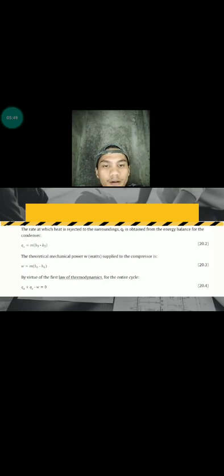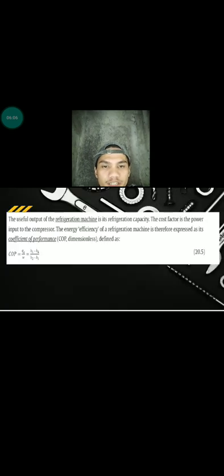By virtue of the first law of thermodynamics, for the entire cycle, QE plus QC minus W equals 0. Next is the useful output. The useful output of a refrigeration machine is its refrigeration capacity. The cost factor is the power input to the compressor.